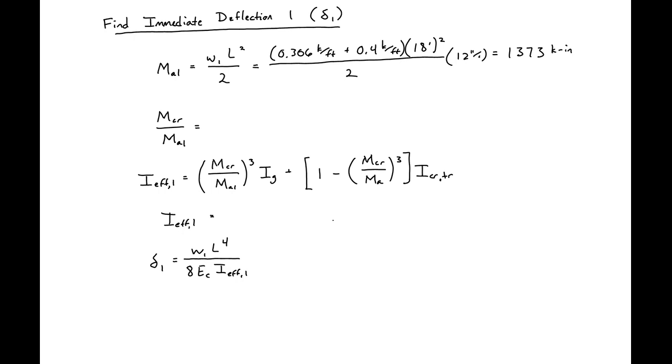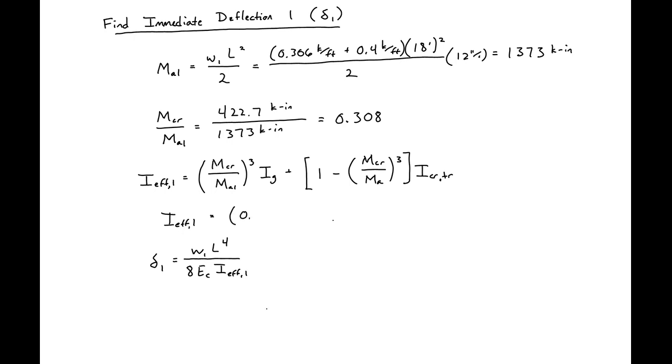We can then find our I effective. So as we did before, we're going to find our M cracking over M A1. So our M crack, 422.7 kip inches divided by 1,373 kip inches gives us a ratio of 0.308. And then we can find our I effective under this loading.